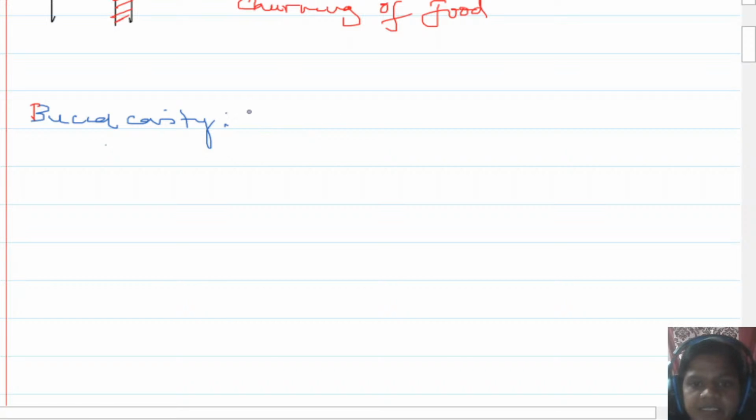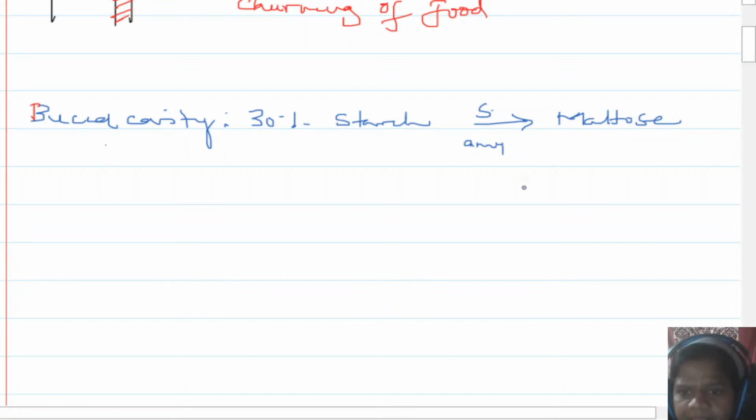So what happens? 30% of starch is converted to a disaccharide, which is maltose. And the enzyme that acts on it, we've finished this, people. What is it? It is salivary amylase. Salivary amylase. So that's the buccal cavity.